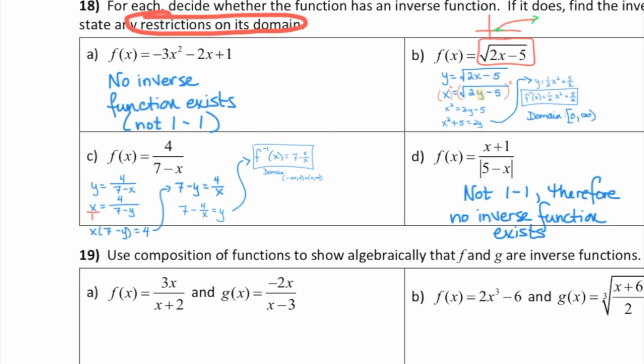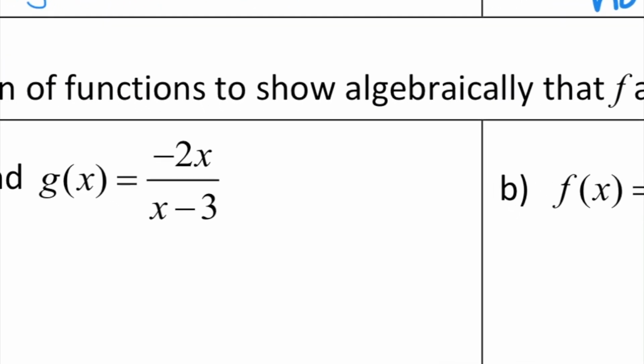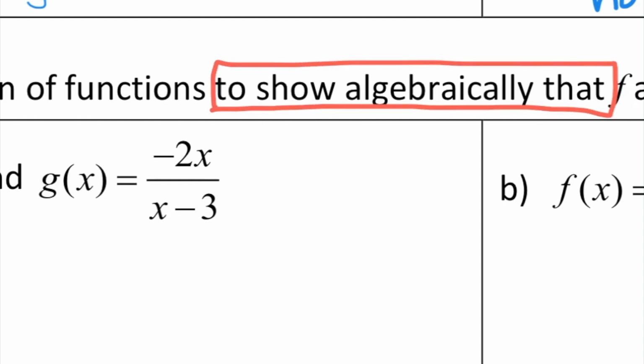Now, in this next section, you're going to do composition of functions again, and look at how the wording is. It says to show algebraically that. And basically what that means is that I'm telling you, yes, these two functions are inverses of each other.